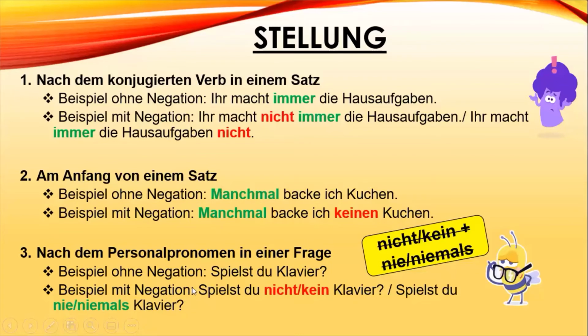Now negation possibilities are two types. One is spielst du nicht Klavier? So, do you not play the piano? But with this Klavier and the verb spielen, you can use nicht or you can use kein.